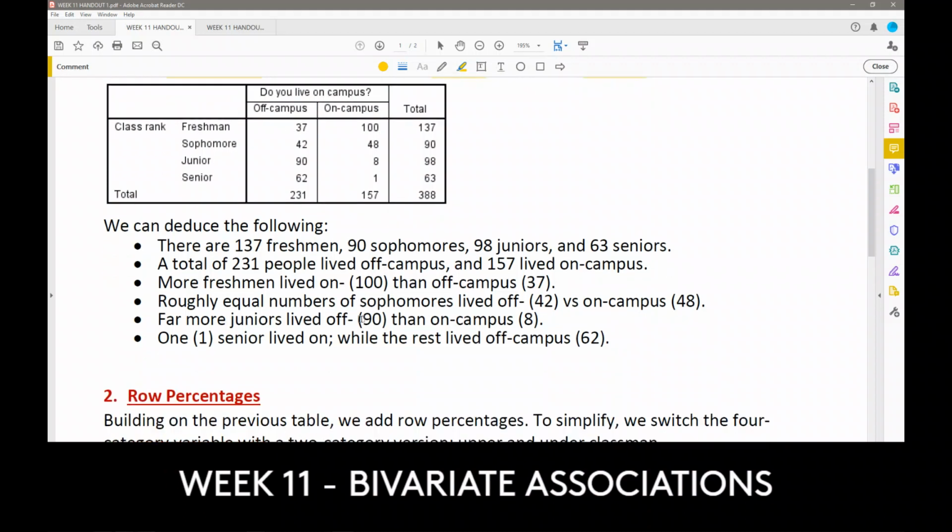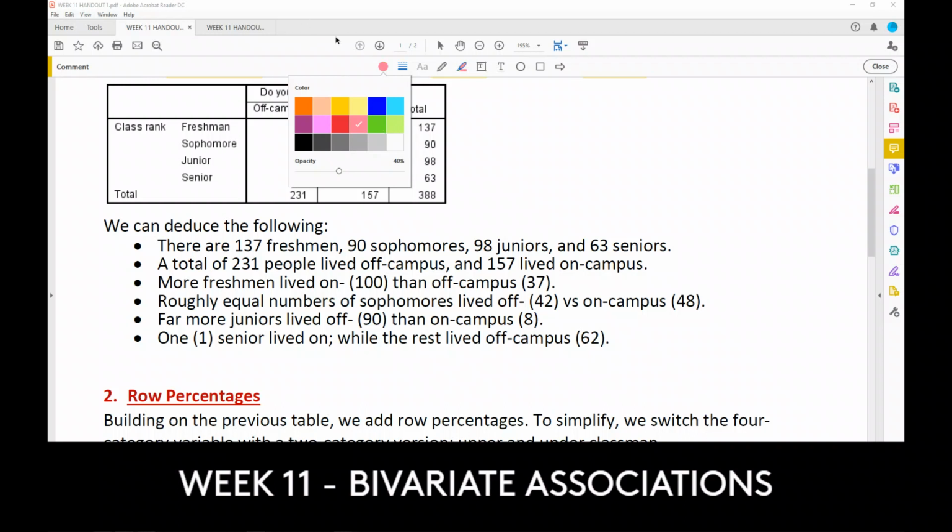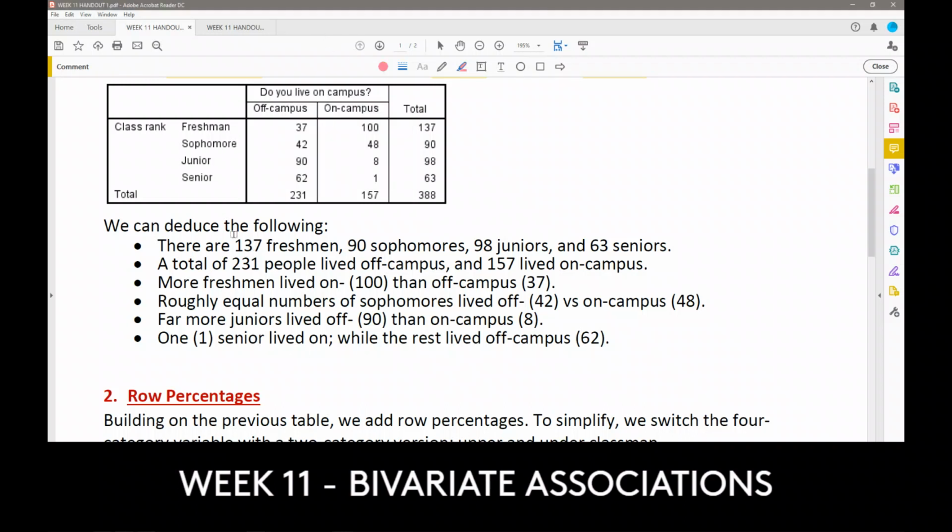Now, when we are trying to make sense of what this table says, we can deduce several main points. Looking at the totals here on this column, we can see that there are 137 freshmen, 90 sophomores, 98 juniors, and 63 seniors.